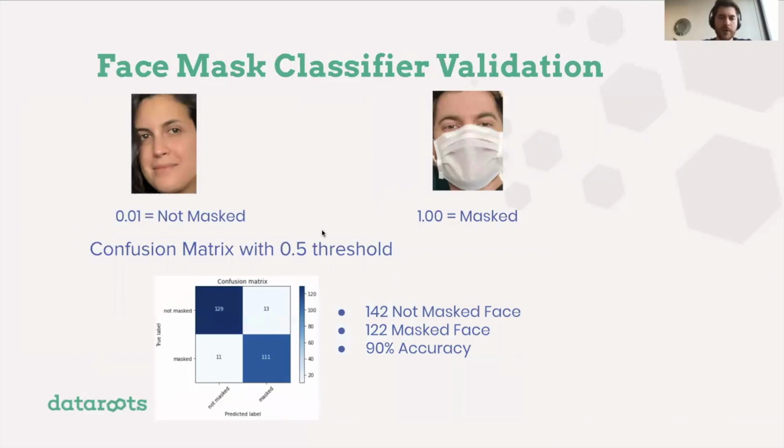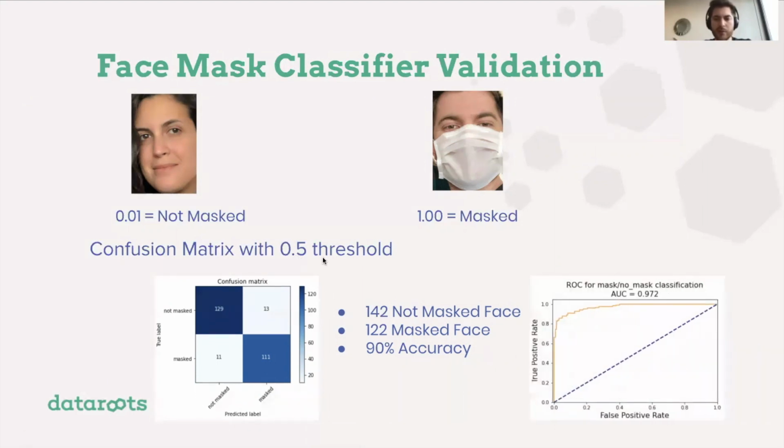And for 0.5 threshold, our accuracy was 90%. And this is the confusion matrix for a given 0.5 threshold. And also for the other threshold combinations, we also prefer to draw this AUC ROC curve, and our AUC metric is found as 0.97, which is a good score because it's very close to 1.